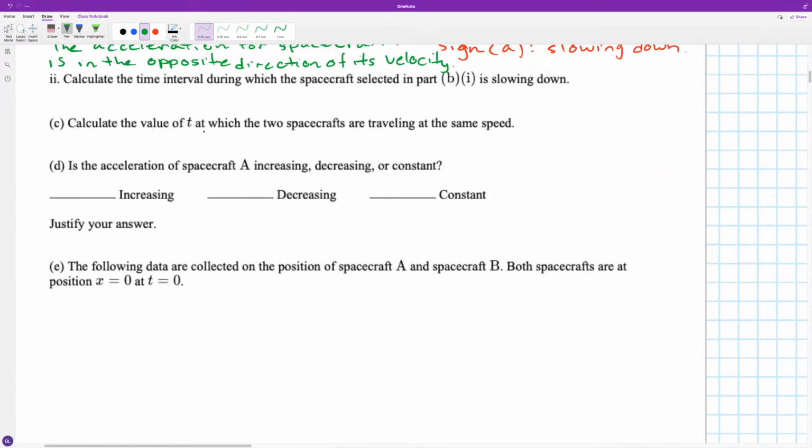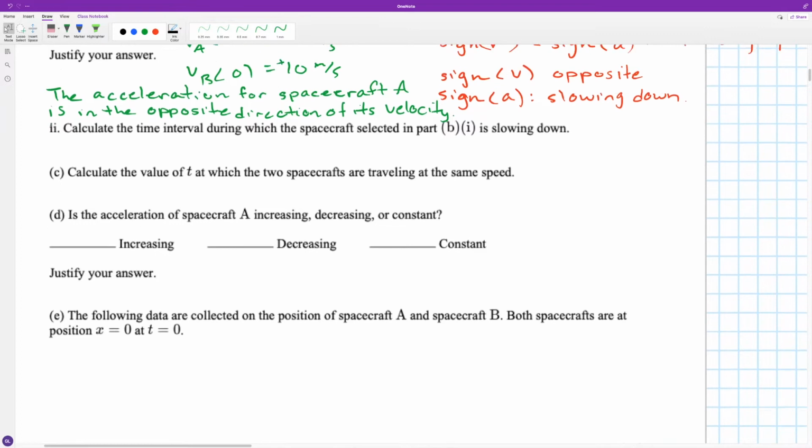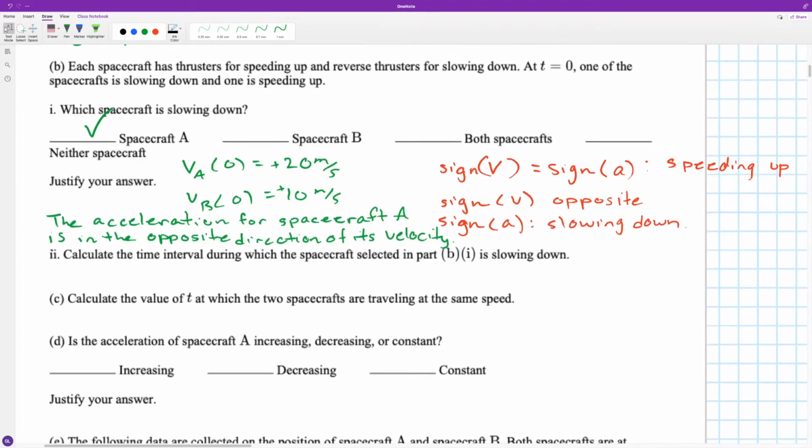Calculate the value of t at which the two spacecraft are traveling at the same speed. So this is going to be a secondary part. Sorry, I just realized that this part 2 is in reference to part B, so this is the second question in reference to that. So we're going to hold off on part C.